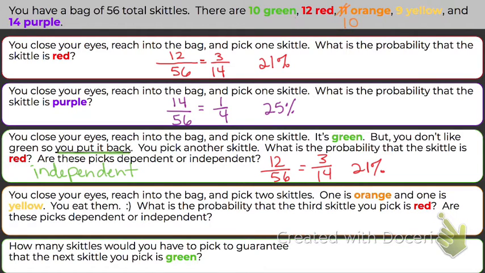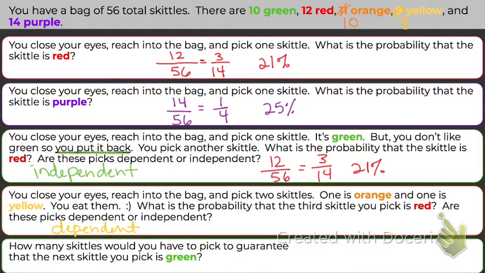How many yellow do we have? We have 8. So now we don't have 56 Skittles anymore. We only have 54. The first event, picking that orange and yellow Skittle, since we didn't replace them, does impact the picking of the third Skittle. So these are called dependent events.